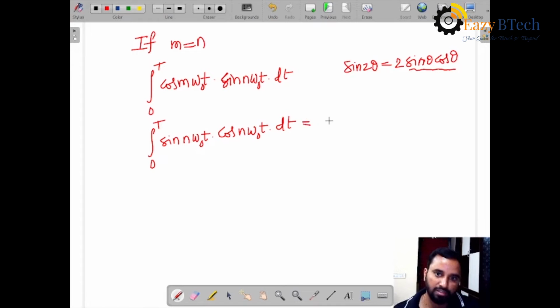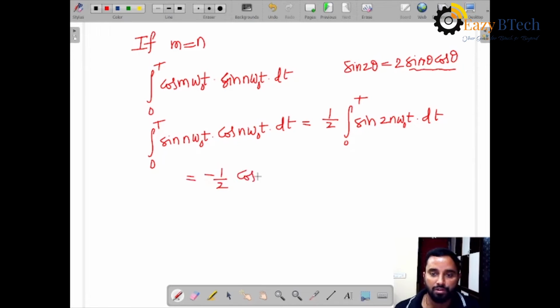So let's take that, 1 by 2 outside, 0 to T. What is here? sin 2 theta, so sin 2n omega naught t dt. So the integration of sin is minus cos. So minus 1 by 2 cos 2n omega naught t divided by 2n omega naught, integration, and the limits are 0 to T.